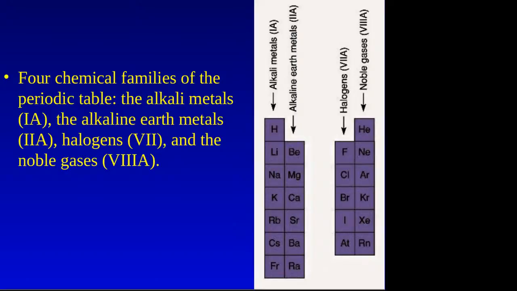And so here it puts them on the periodic table, but I pointed them out on the larger periodic table. And you want to think of these as the ends, because the ends of the period, when I'm in 1A, I have one electron in my outer shell, and I have two electrons in my outer shell in 2A.